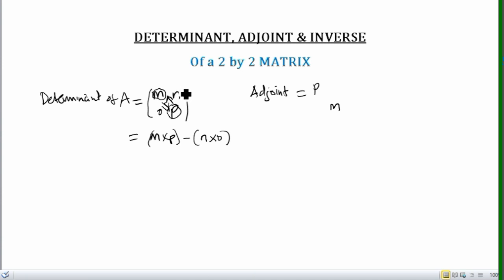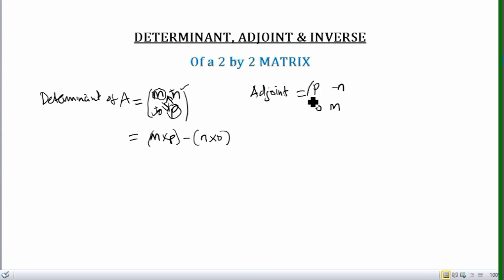Now, the other elements, that is N and O, you flip their signs. For example, here N is positive. When you flip the sign, it becomes negative N. And here also O is positive.